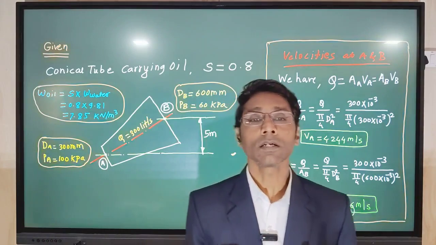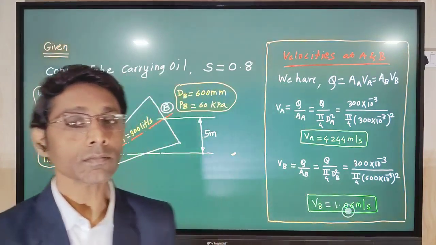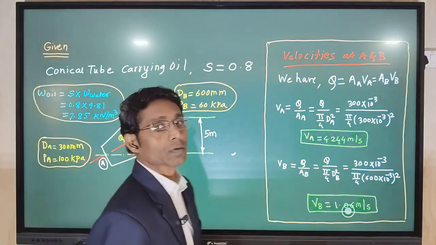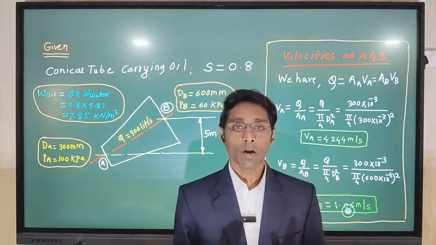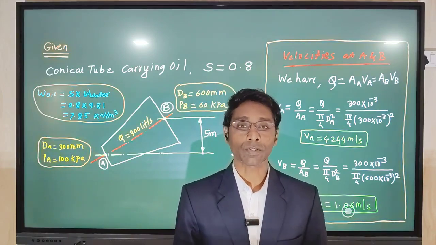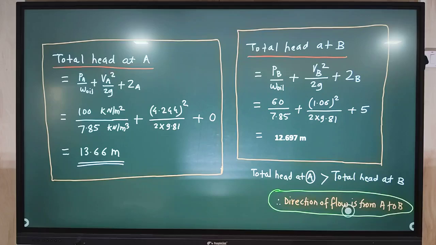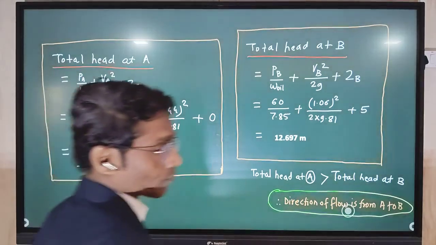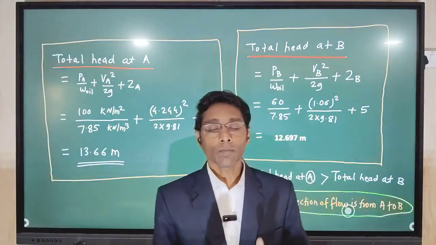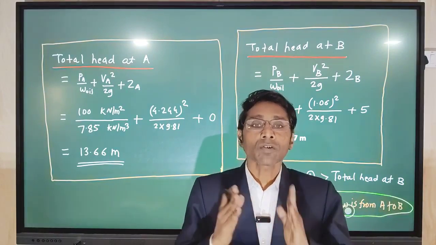Now as this problem is of real fluid, we write Bernoulli's equation including the head loss which occurs between section A and B. Now, in the numerical we are asked to determine the direction of flow.